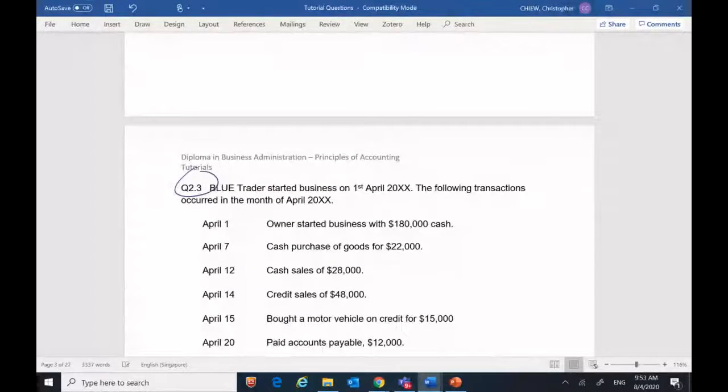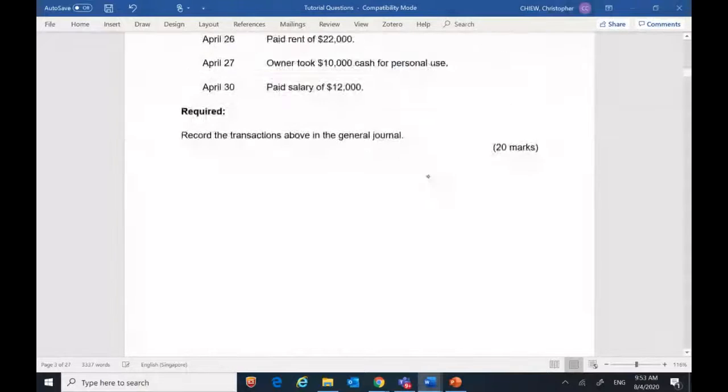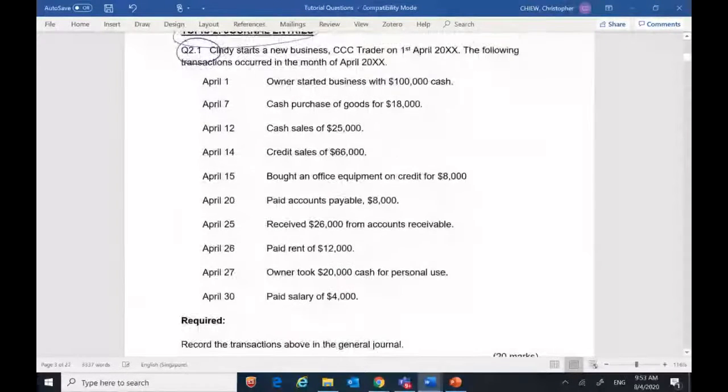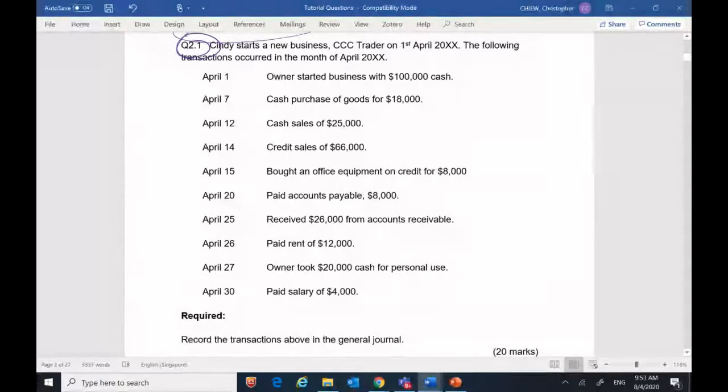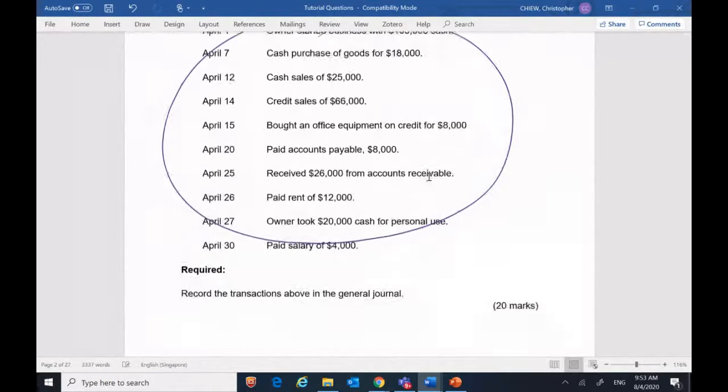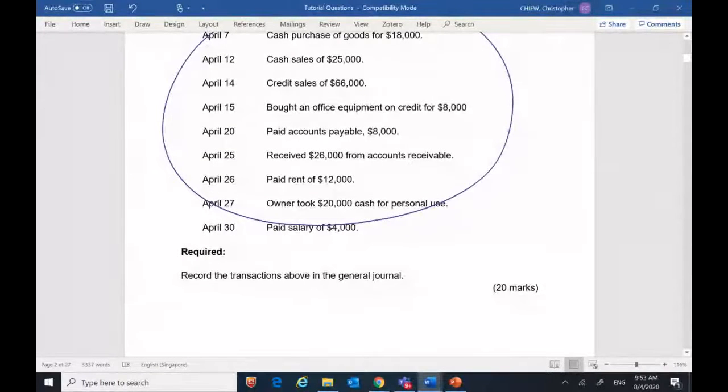What happens is this: after every topic, we will go through the past year exam questions, so you have an idea for every topic what kind of questions you can expect, and given these questions, how we go about answering them.